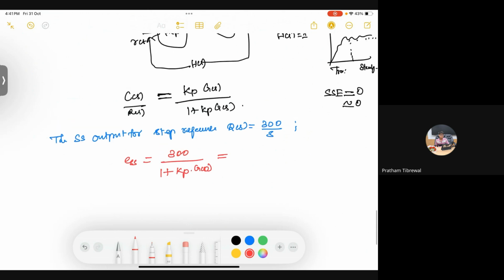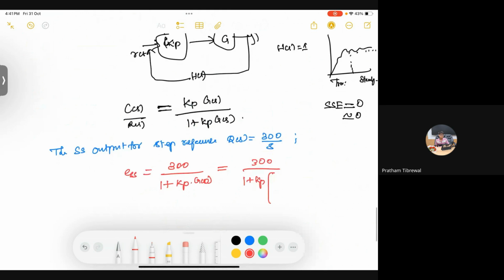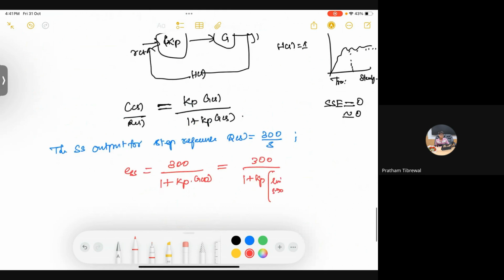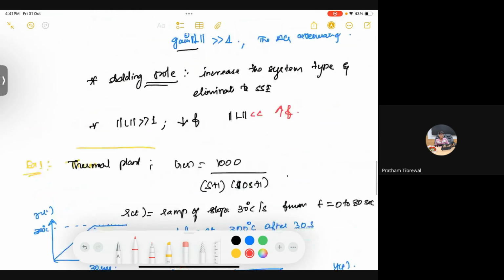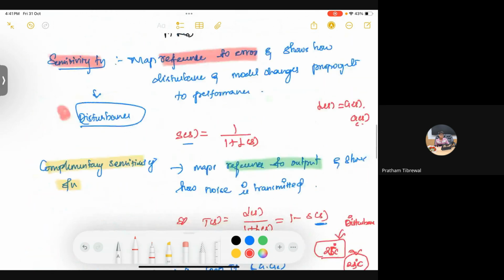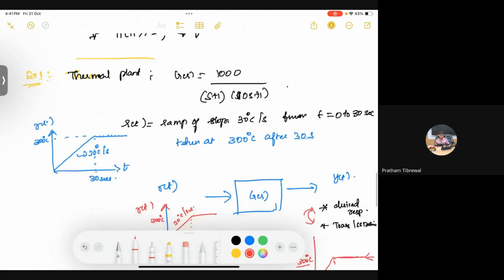So this will give me 300 divided by 1 plus Kp into the limit S tends to 0 of 1000 by (S plus 1) into (10S plus 1).